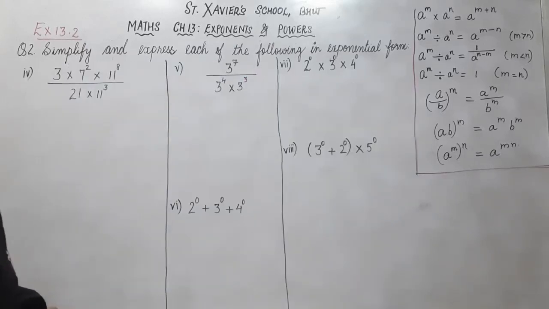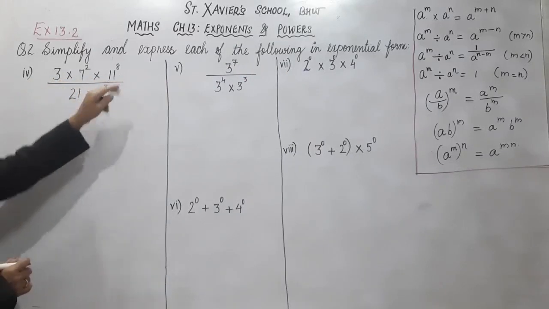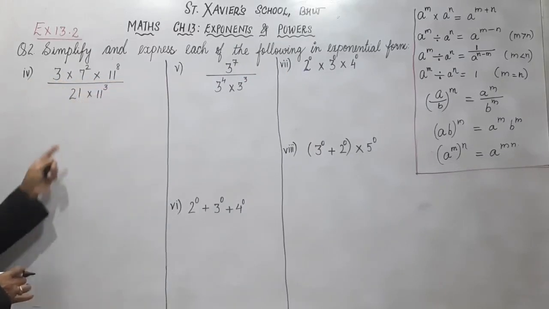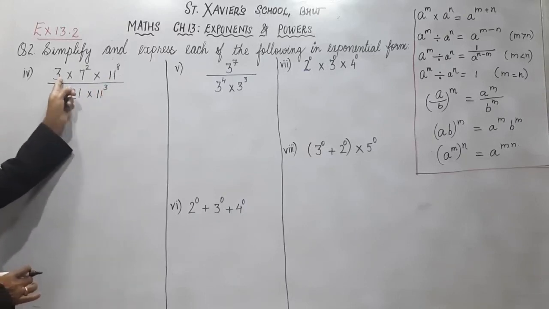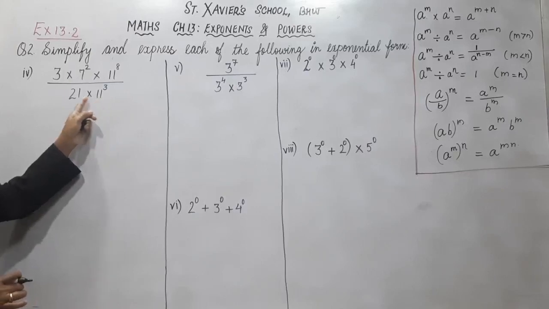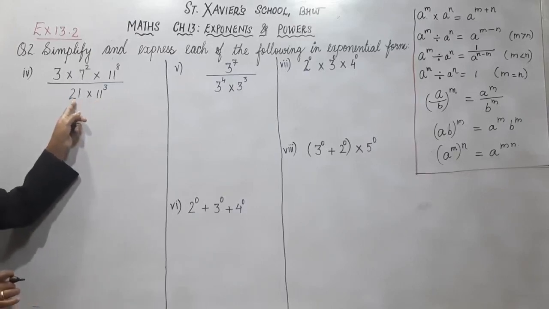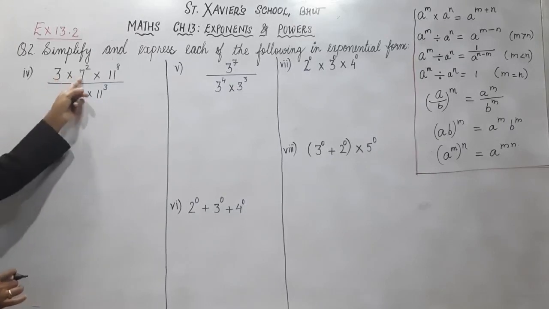Question number 4. 3 into 7 square into 11 raised to 8 upon 21 into 11 raised to 3. Here all these base numbers are prime numbers, but 21 is composite. So what are the factors of 21? 3 sevens are. So 3 and 7 is already there.